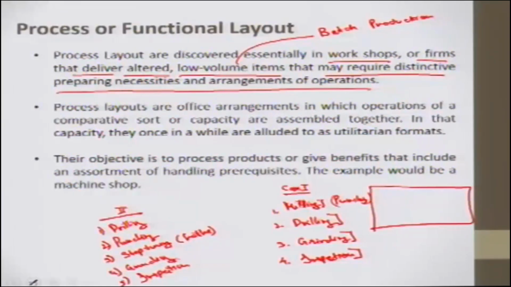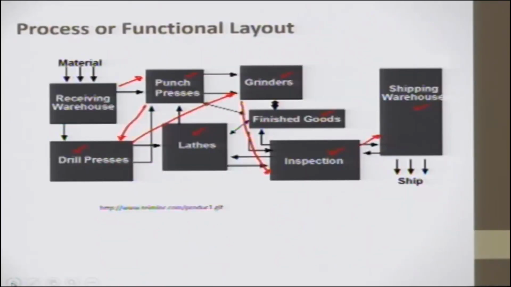So in this case, it will follow a different path. Once this batch is over, the second batch would come into play and that will follow this path. From the receiving end, we will first receive the parts to the drilling presses section, then punching, then step turning on lathe machines, then grinding, then inspection, and then final shipment. So this green path shows the second batch here.